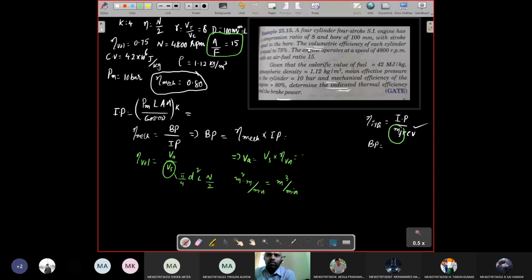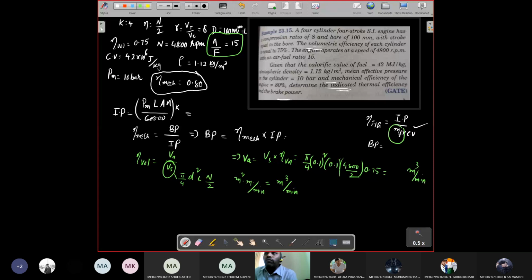So pi by 4, diameter 0.1 whole square, into length also 0.1, into n value, N is 4800 by 2, multiplied by volumetric efficiency of 0.75. Therefore, you will get volume in terms of meter cube per minute.